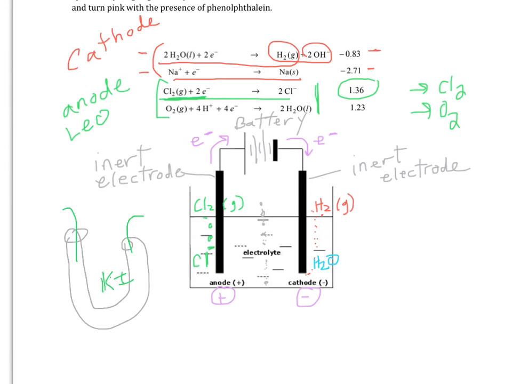At one side, we actually produced iodine, and it collected at the bottom a really darkish, brownish red color. And at the other side, the water was the one that was affected, and it produced OH- ions. When I put in phenolphthalein, you could actually see it turn pink, which is not that color, but that's close. So this U-tube, even though it looks like two separate things, is one cell, as opposed to, again, those galvanic problems that have two separate cells connected by a salt bridge.